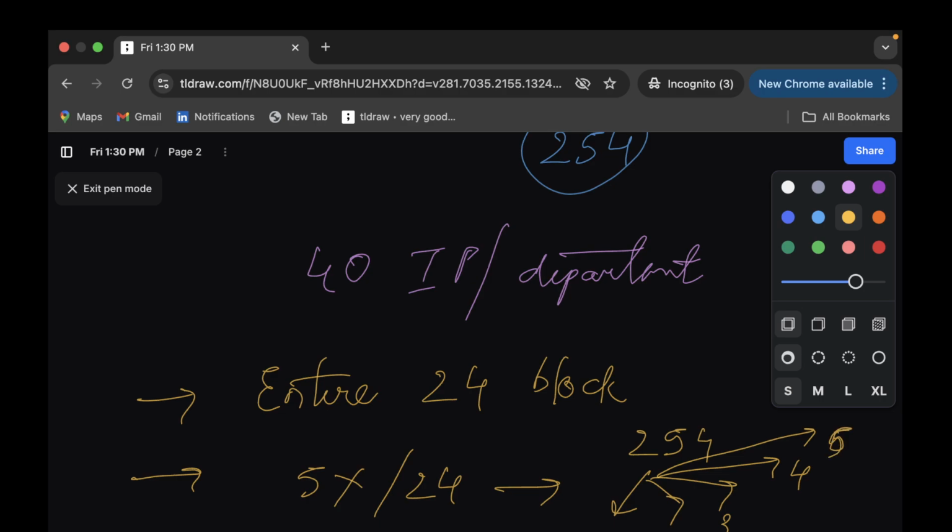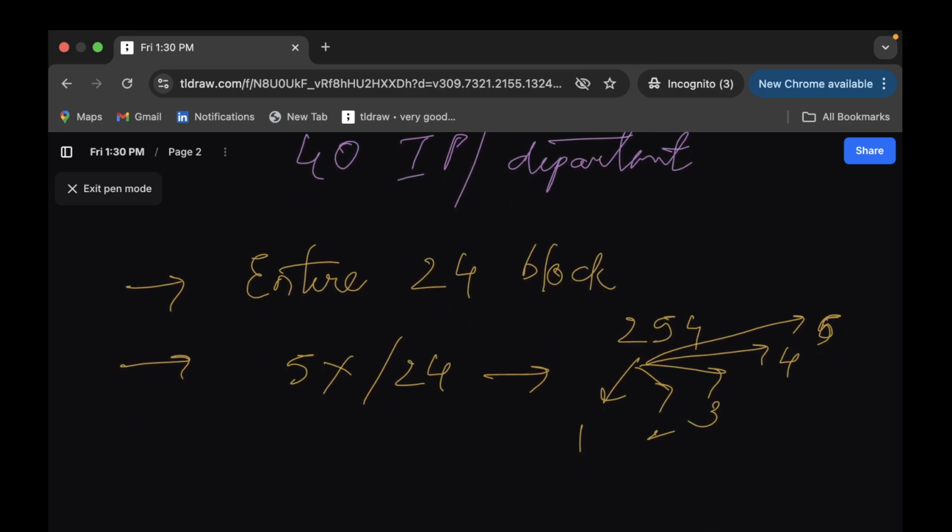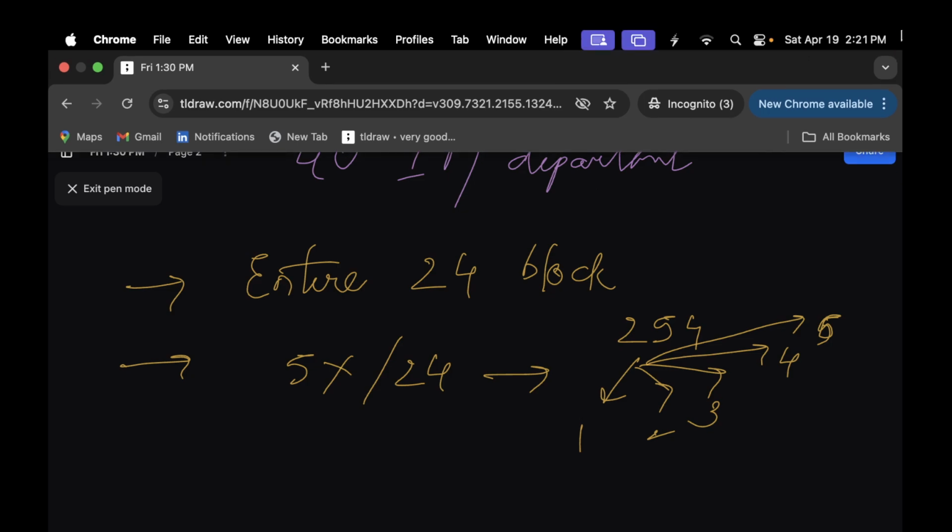But in reality, we don't need that many. We only need 40 IPs being used at a time.